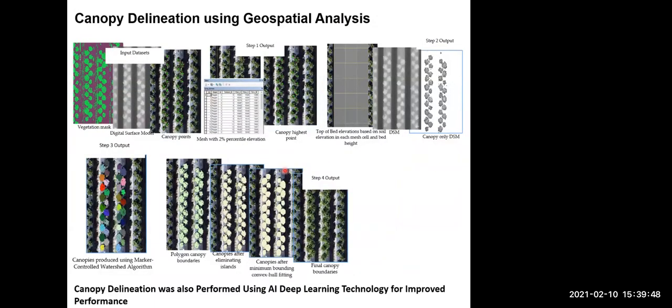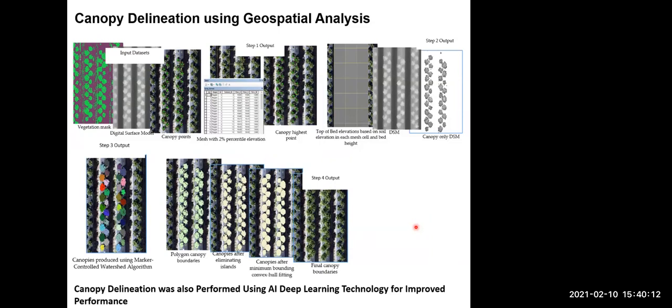We developed GIS, Geographic Information System, or geospatial analysis models in order to extract the information from the plants. What is the size of the plant? But we also needed to delineate the plants, and we cannot do this manually. It's a very, very cumbersome job, so we had to do this automatically.